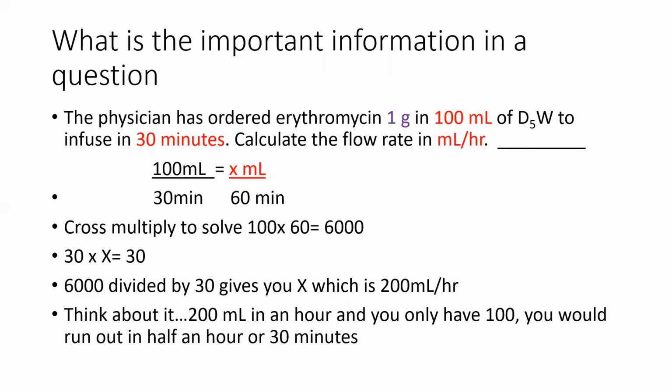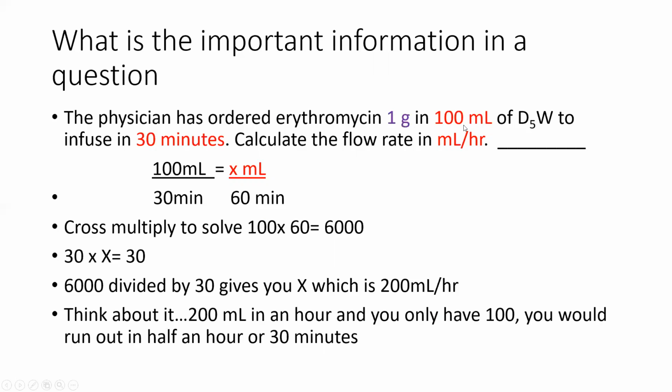So when we were going through our steps, one of the steps was, what is the final measurement that I need? And the final measurement that I need is milliliters per hour. Now this 1 gram is kind of distracting. That's the dose. But it's not asking me for the dose per hour. It's asking me for milliliters per hour.